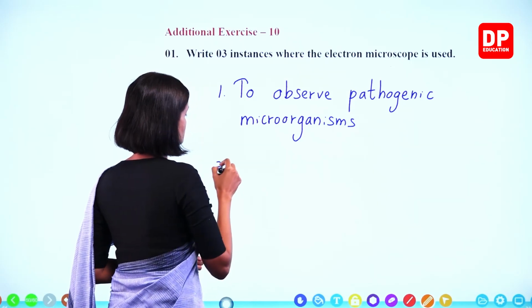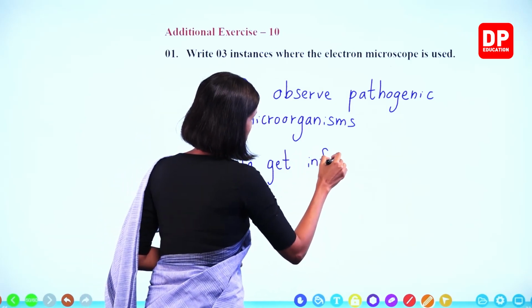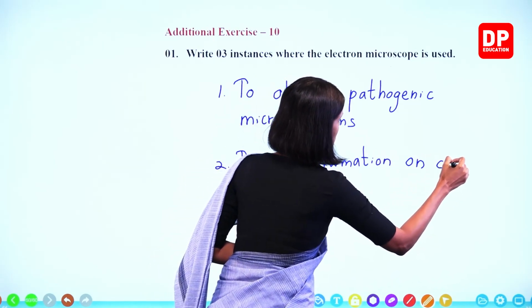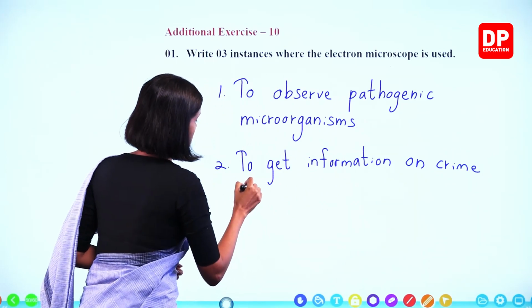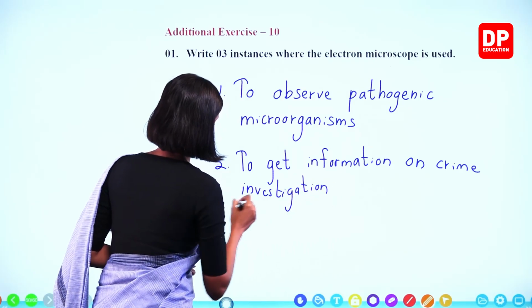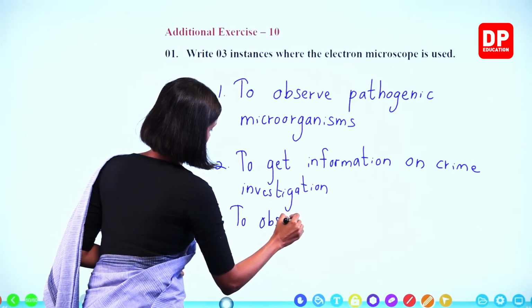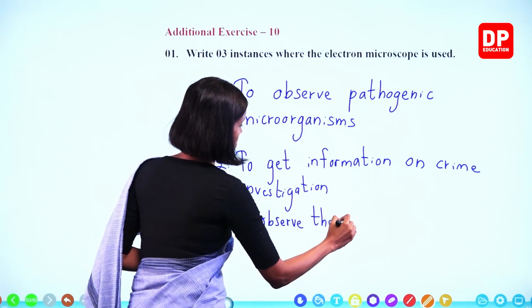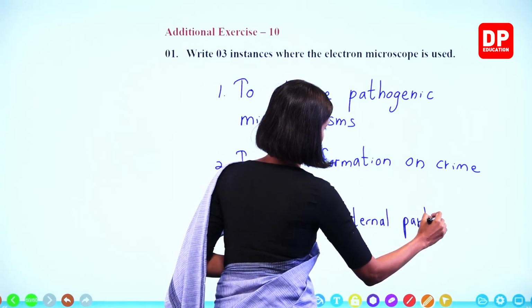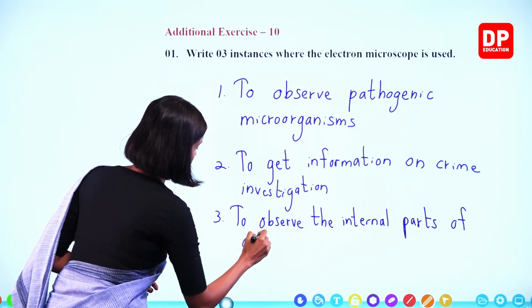Number 2. Crime investigation. To observe the internal parts of cells.